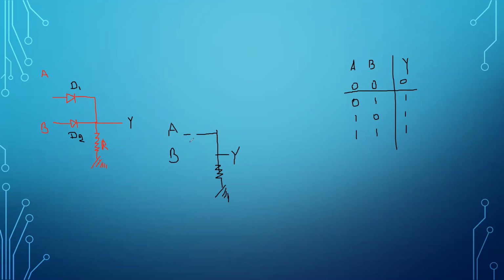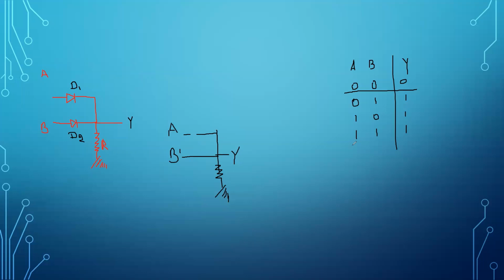In the place of B, when you provide 1 as input, you are providing some higher voltage to the anode. Then this diode will be on. It will give you a short path, and the connection is like this. Now the output is connected to 1.